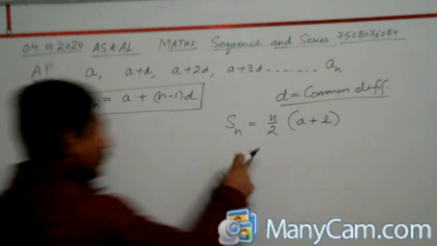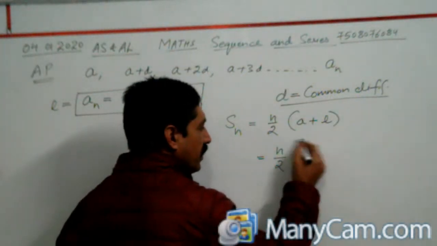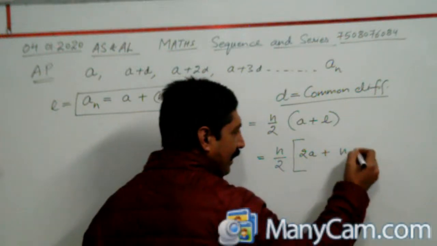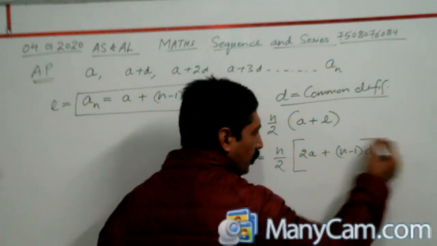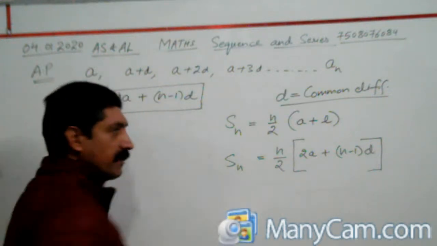We have also denoted this as n by 2 into (2A plus (n minus 1) D). So both are formulas for the sum of n terms of the AP.